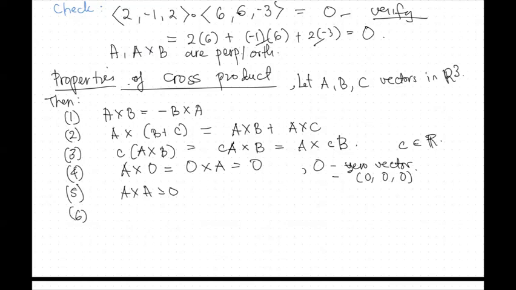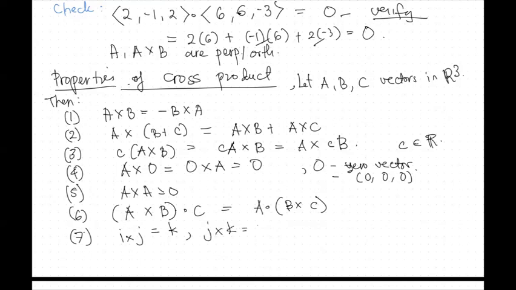But before that, let me have the following: A cross B, if you take that product with C, you can just put B cross C and then that product with A. And then for the special case, I cross J gives K, J cross K gives I, and K cross I gives J. Of course, if you reverse the direction, you get negative K, which is J cross I. Also K cross J is negative I, and I cross K is negative J.